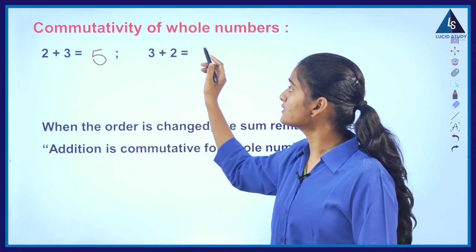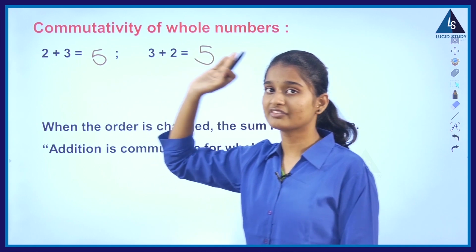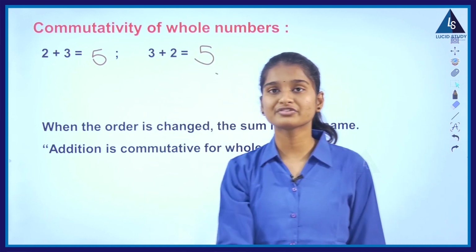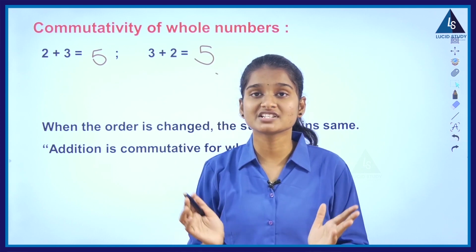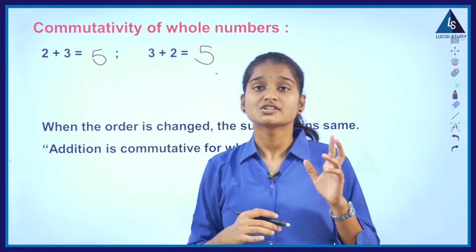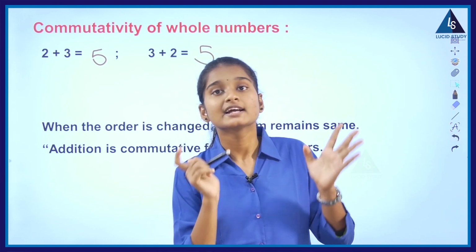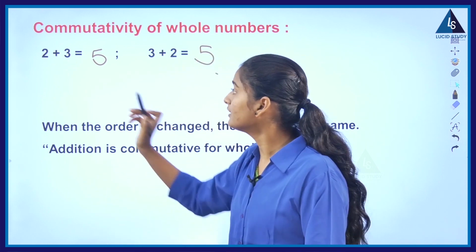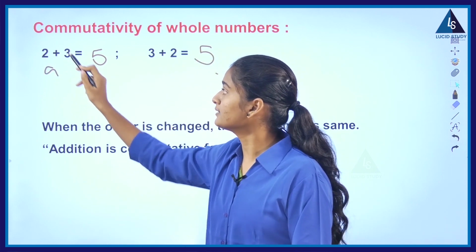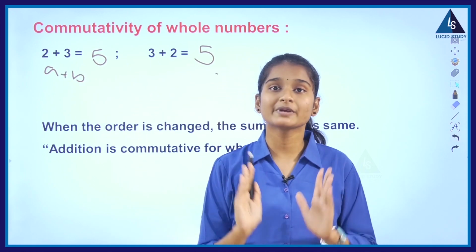Yes, 3 plus 2 is also 5. So whole numbers follow commutativity under addition. So children, if there are two numbers a, b, a plus b is equal to b plus a. Here a is 2 and b is 3.